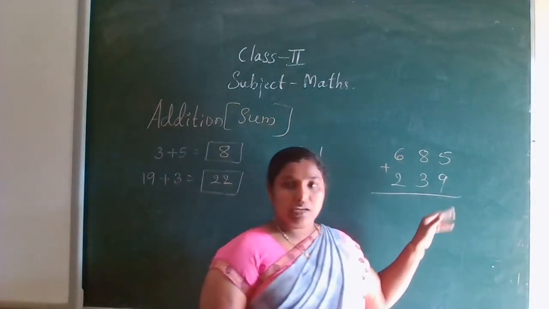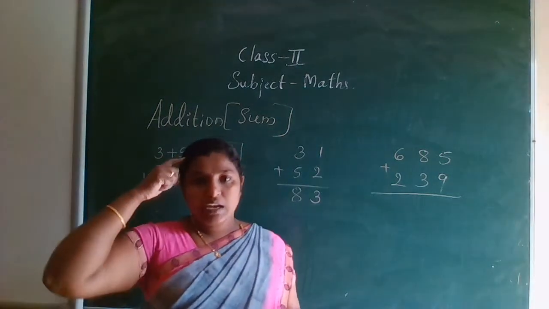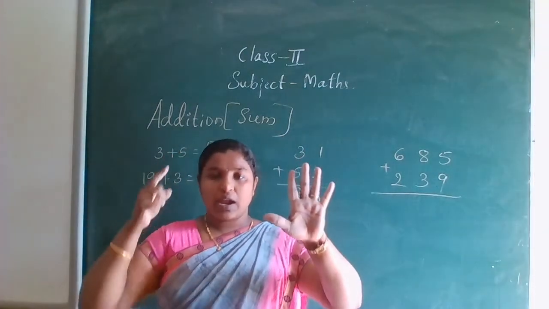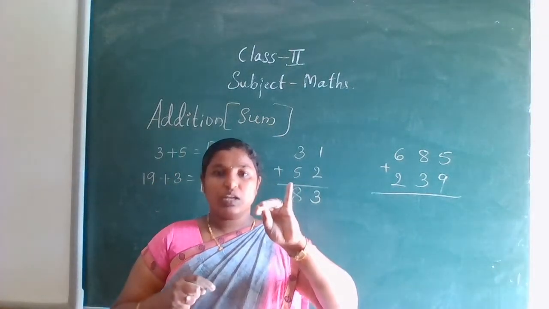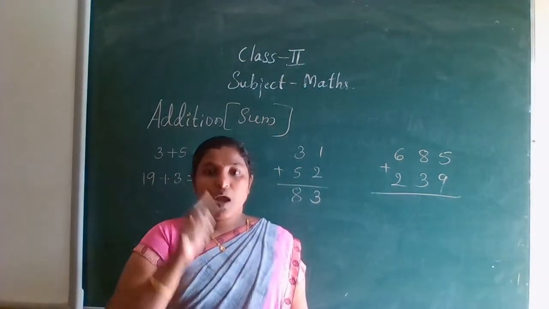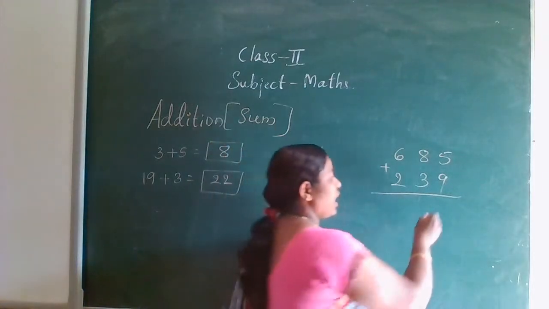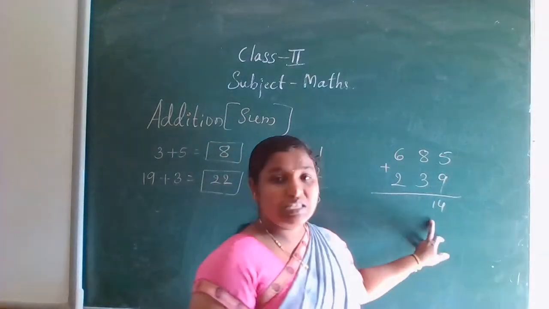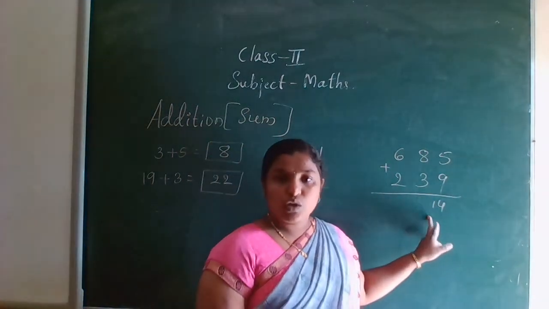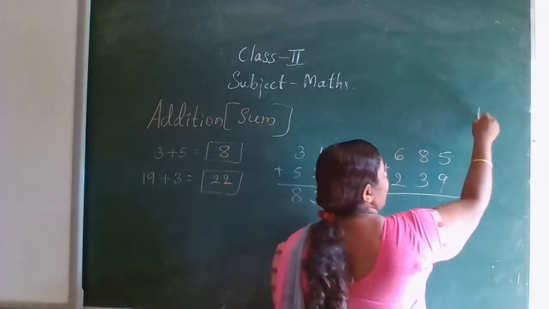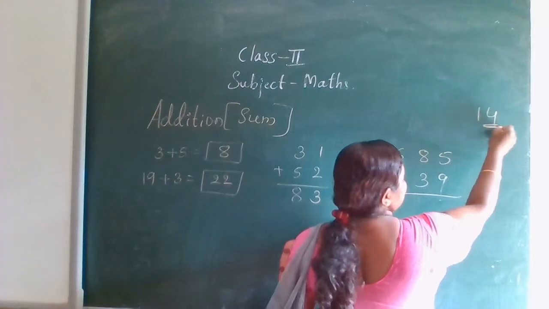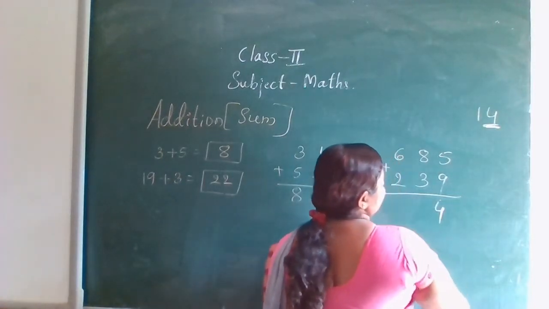Come to this problem. 5 plus 9. Okay. 9 in your mind, 5 in your hand. 9, 10, 11, 12, 13, 14. 1 and 4. You can't write here. This is wrong. So what you have to do is 14 is having 1 and 4 digit. This ones place should be on ones place.